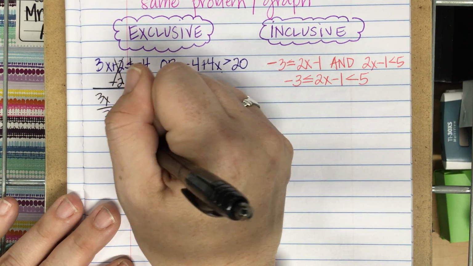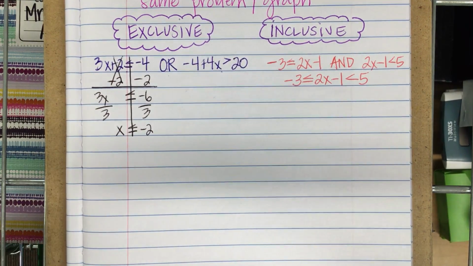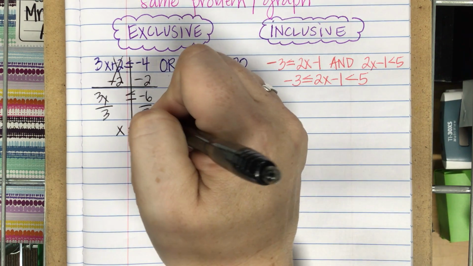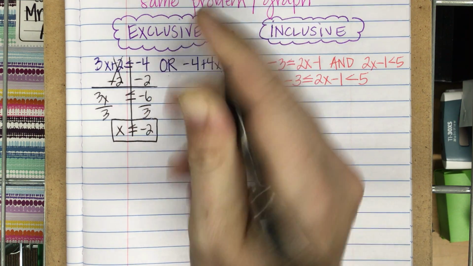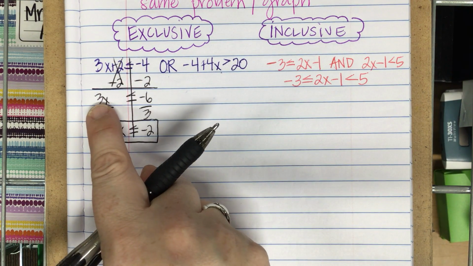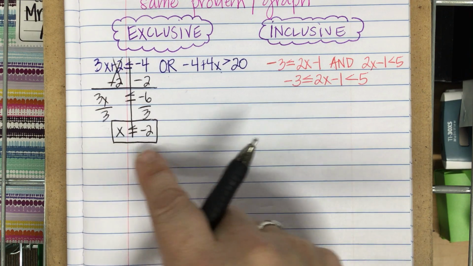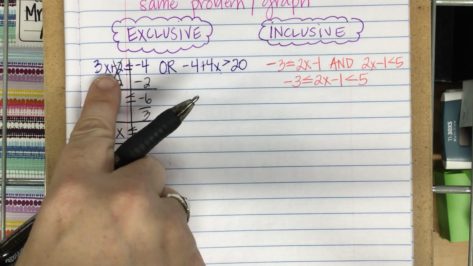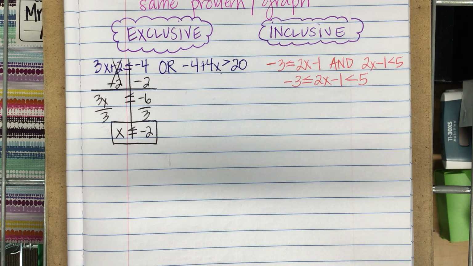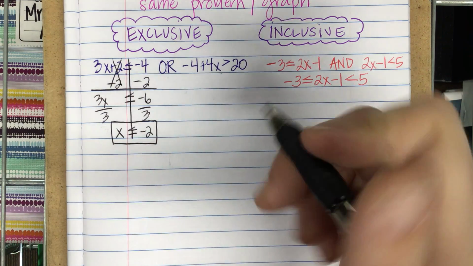X is less than or equal to -2. Ladies and gentlemen, why did I not flip the sign? Because the denominator was in a... Why, Ben? Because you were dividing by a negative. Correct. My coefficient was a positive value. I divided by a positive number. Even though my solution is negative, I didn't flip it because my coefficient was positive. Yes?